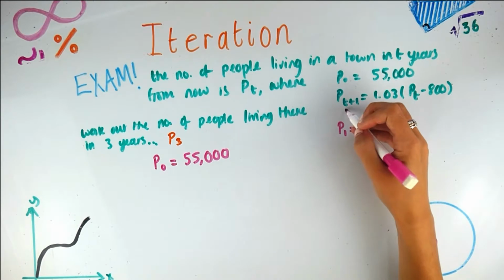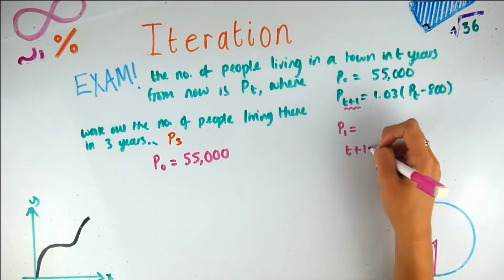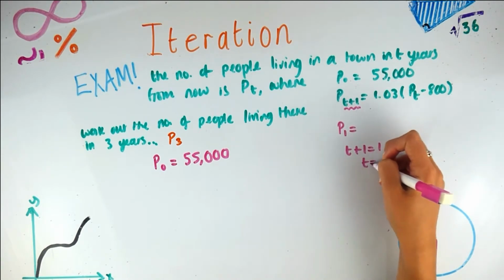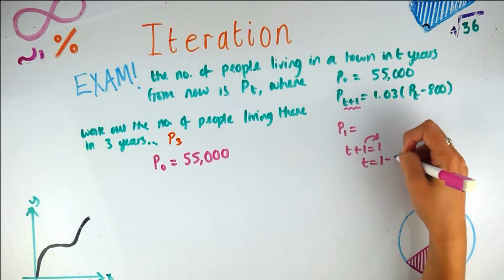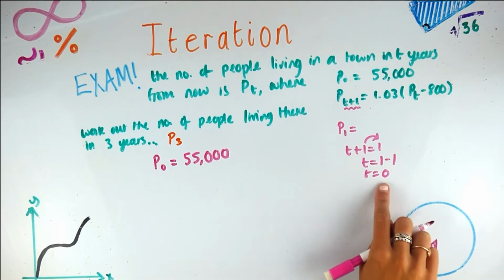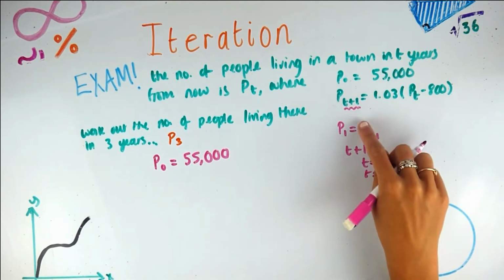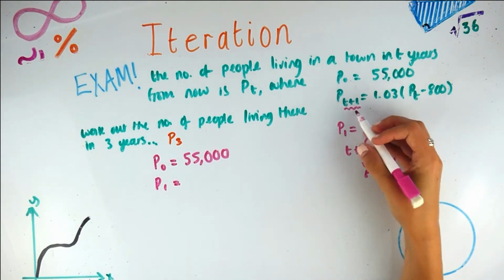That is, I want this to be 1. So I've got t plus 1 equaling 1. So if I solve for t, I take the 1 over the other side and it becomes take away 1. So I have 1, subtract 1, so that gives me t equals 0. And I have when t equals 0 because I have P_0. What I can do is I can work out P_1, and that is going to be when t equals 0.